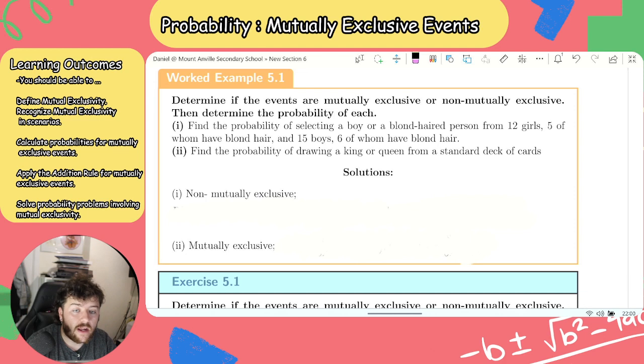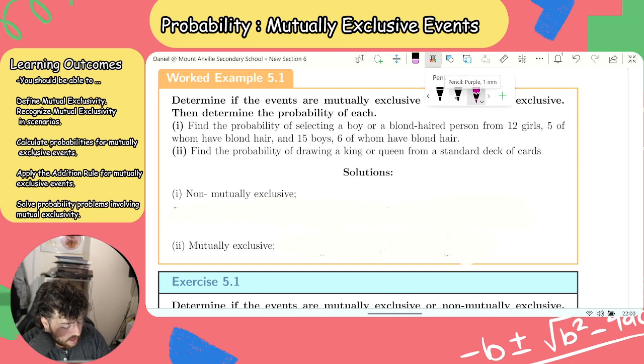Are these mutually exclusive events? They are not mutually exclusive because I have people who are boys and blonde. So I'm going to use my formula here.